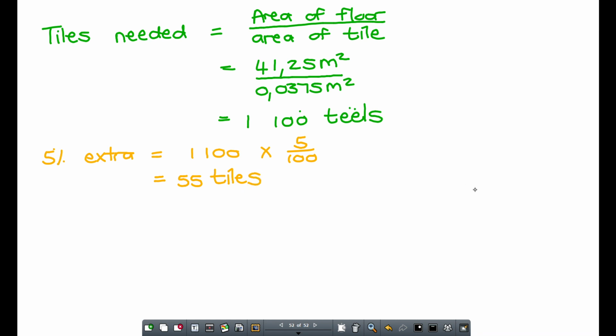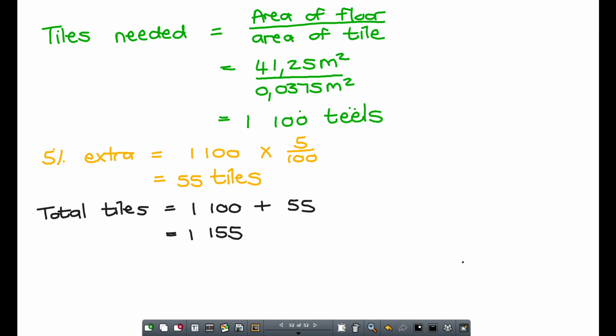So, oopsie, sorry. So die totale hoeveelheid teels wat ek nodig het, is dan die 1100, the original, plus the 55 extras for breakage. So I'm going to need 1,155 tiles.